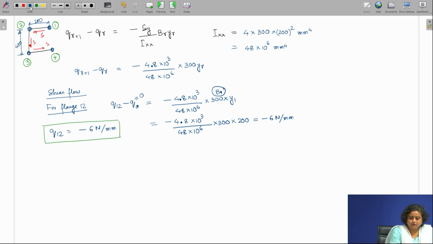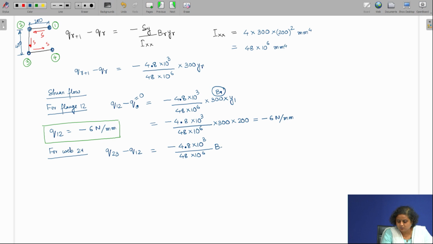Now, let us go to web 23. For web 23, Q23 minus Q12 is going to be minus 4.8 into 10 to the power 3 by 48 into 10 to the power 6 into B2 into Y2. Now, in place of B2 and Y2, I can write minus 4.8 into 10 to the power 3 by 48 into 10 to the power 6.